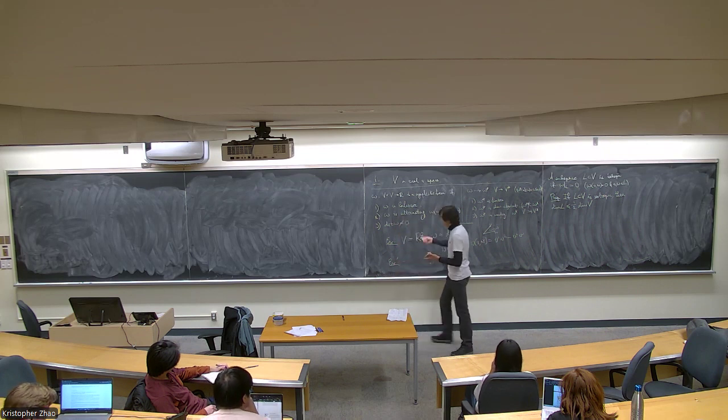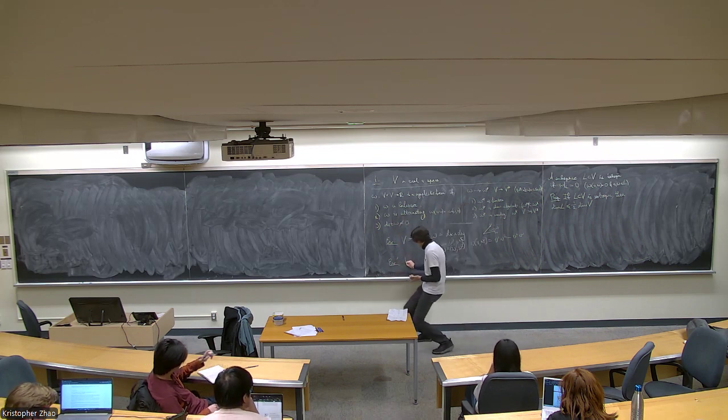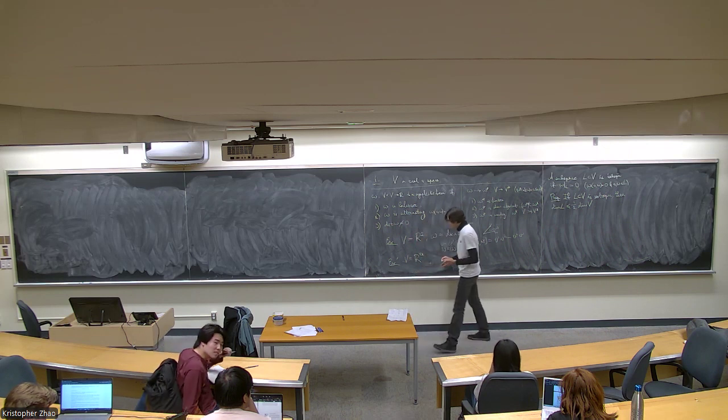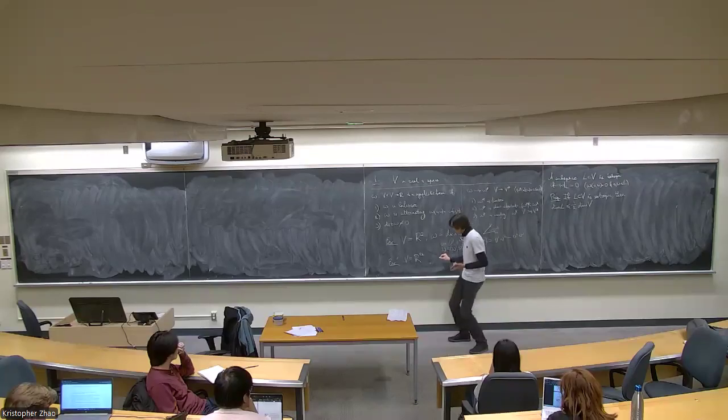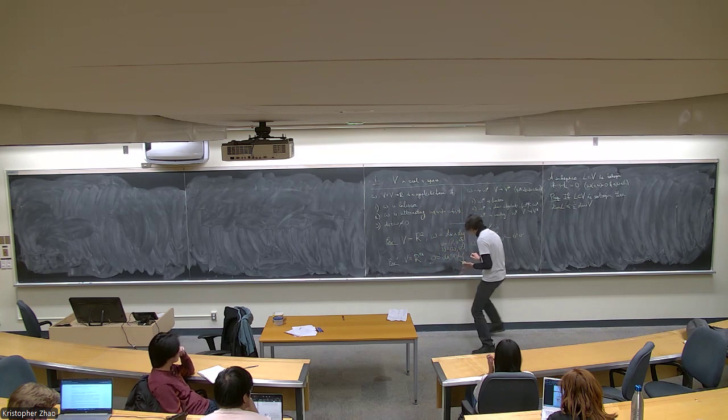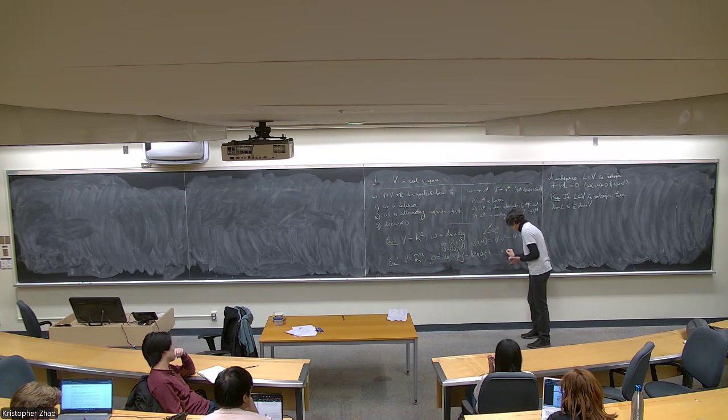In general, you can just generalize this and put V to be equal to R^2n, and set omega to be dx1 wedge dy1 plus dx2 wedge dy2 plus ... plus dxn wedge dyn.